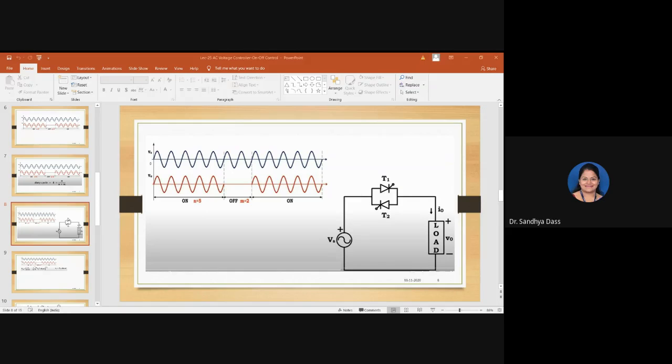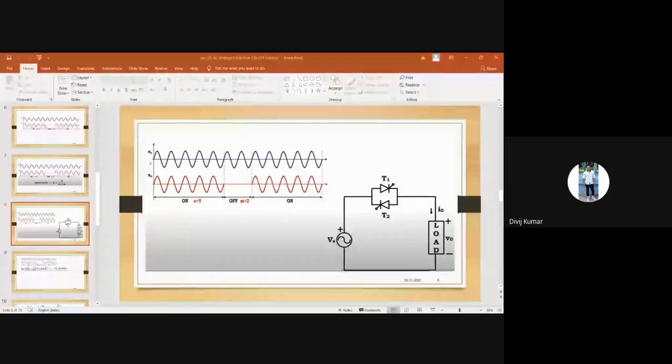The name itself suggests. It controls the power by varying the AC voltage, keeping the frequency constant. Just think about it. Controls the output power, I guess. Output voltage. Varying the RMS voltage, keeping the frequency constant.